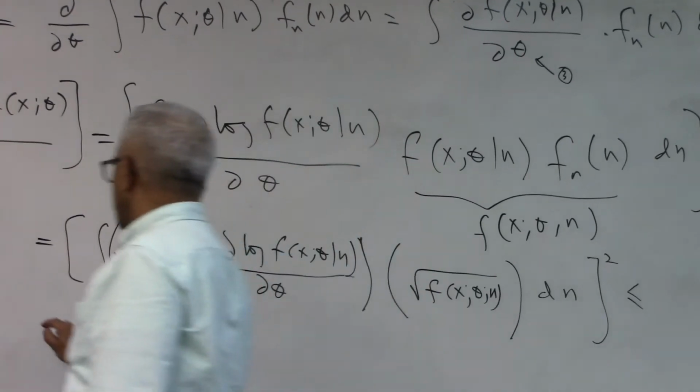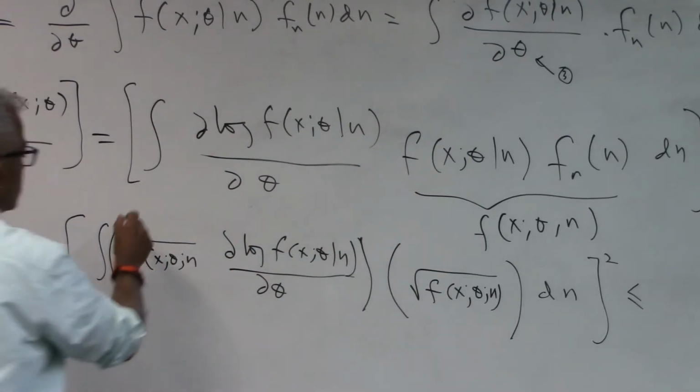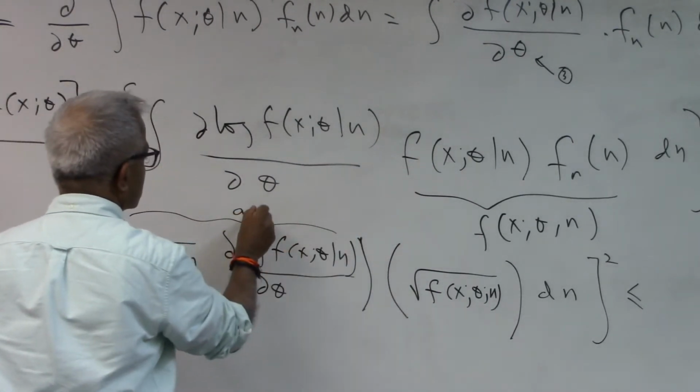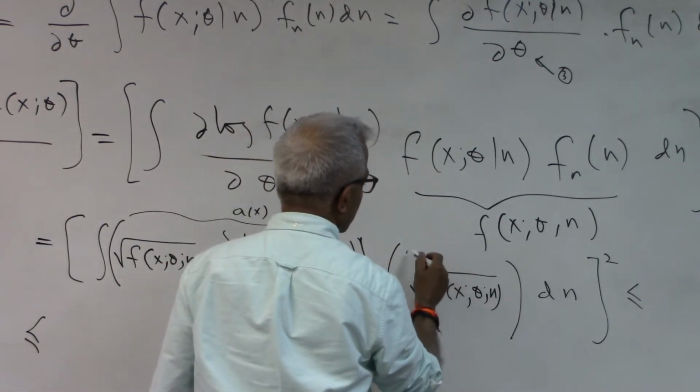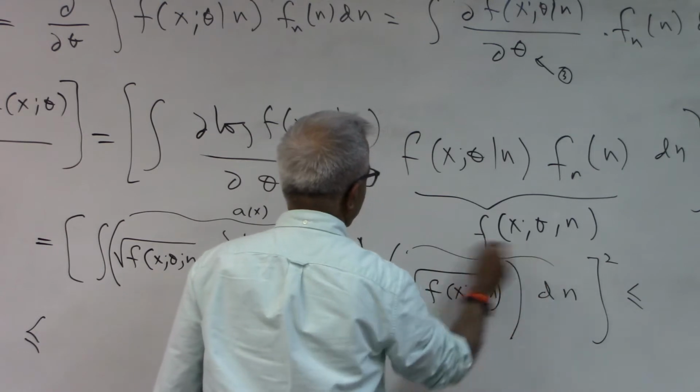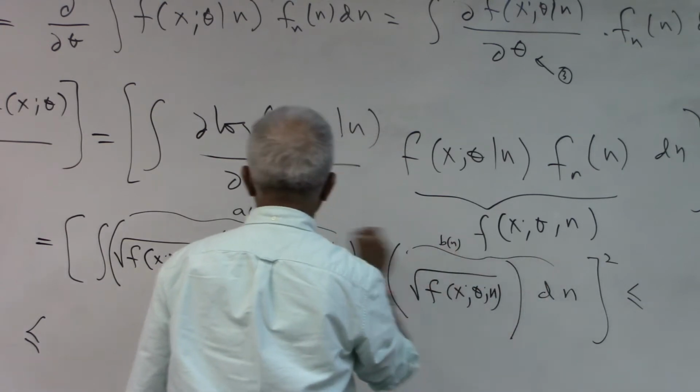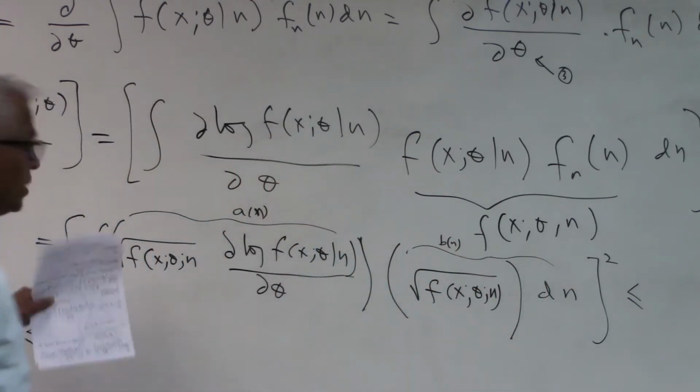So we can use Cauchy-Schwarz here. Remember, this is one expression, a of n, and this is another one, b of n. That's going to be the integral of a squared times the integral of b squared. A squared will remove the square root.